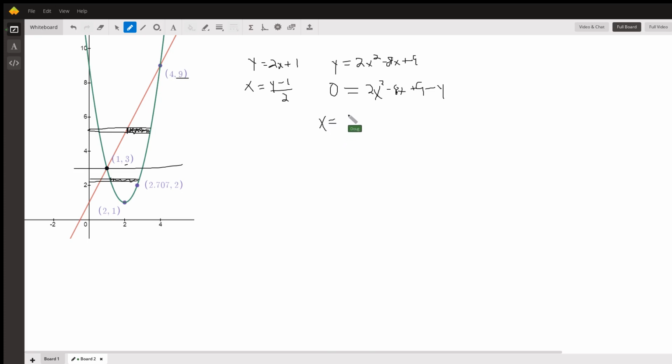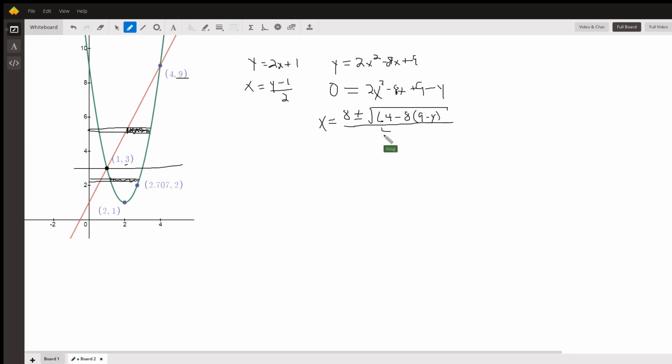So it would be the opposite of b, plus or minus. The plus will be the outer radius. The minus will be the inner radius. Of b squared minus 4 times a, 4 times 2 is 8, times c, but c is 9 minus y. And all of that is over 2a, 4.